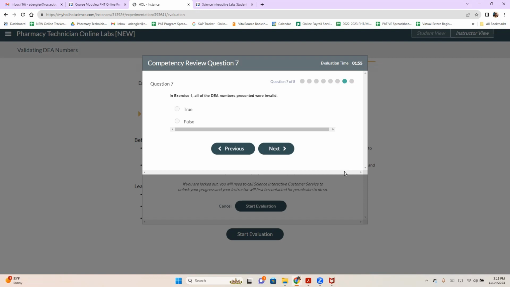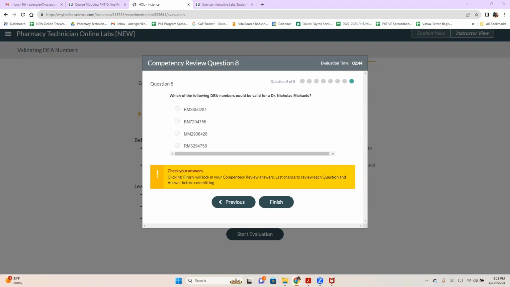Question 7, in exercise 1, all of the DEA numbers presented were invalid. And that's false. Obviously, there were quite a few valid ones there. And question 8, which of the following DEA numbers could be valid for Dr. Nicholas Michaels? Well, so he's a doctor. So right away we can eliminate M because he's not a nurse practitioner or physician assistant.